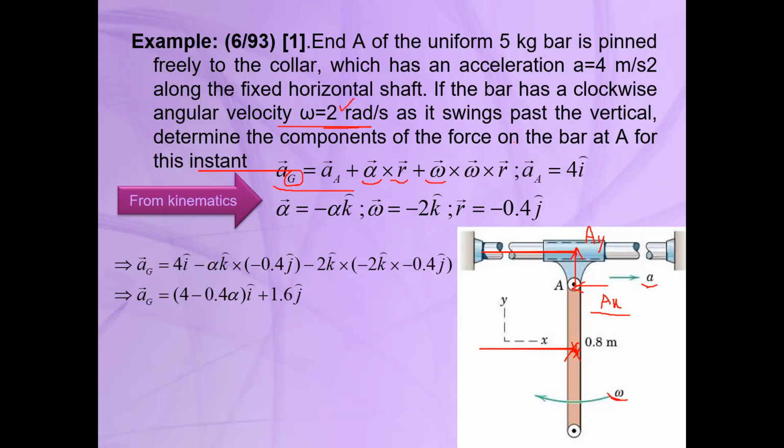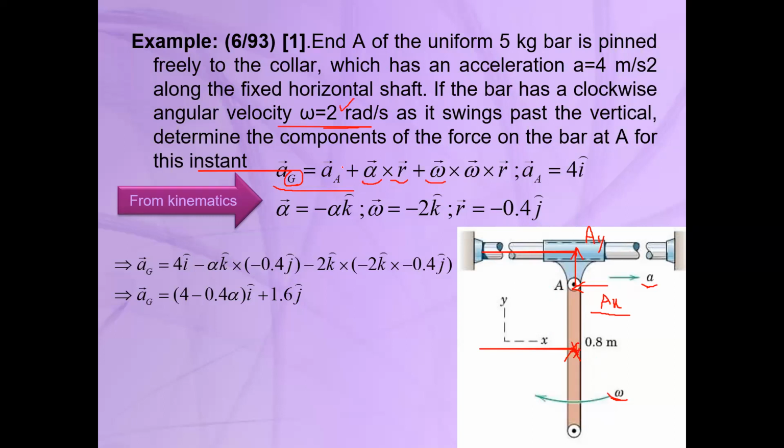And the term of 2 times omega cross V relative, because A and G are located on a rigid body and there is no motion between these 2 points, and the relative velocity between point A and G is equal to 0. So we neglect that term. And this is the equation for the relative acceleration between point G and point A. Now we can substitute our given data.